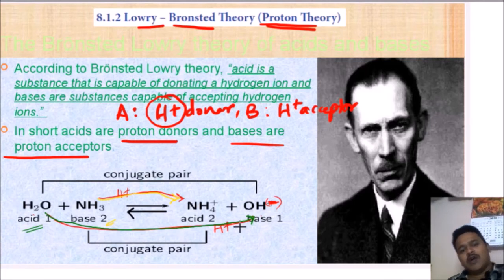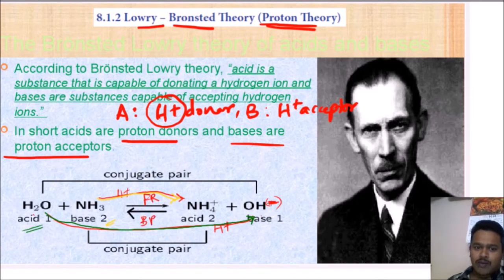Now you see why I am calling this one an acid. NH4 plus is there. If I talk about the backward reaction, NH4 plus goes to NH3. Here to here, what happened? This is losing one H plus, so it is acid 2.